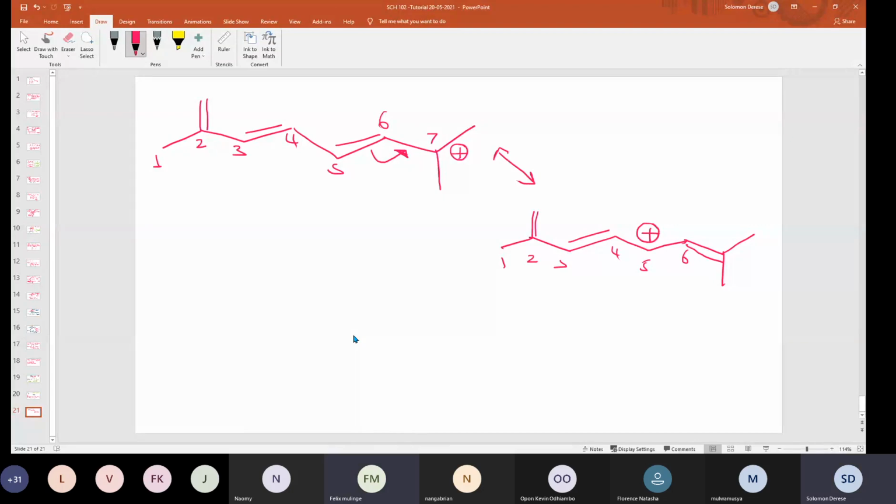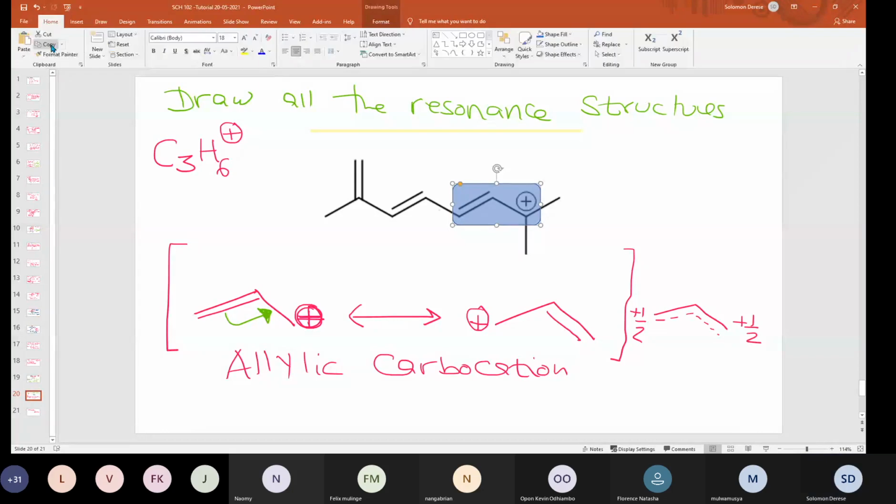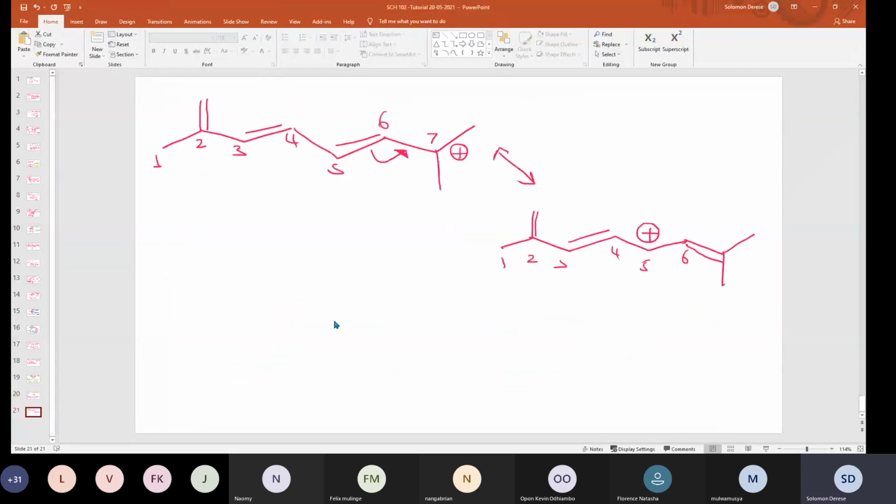Okay, we are done with this part. You see, we did this and we formed this, isn't it? Now, can you look at this part? Let me bring your highlighter so that you can see. Can you see this section?